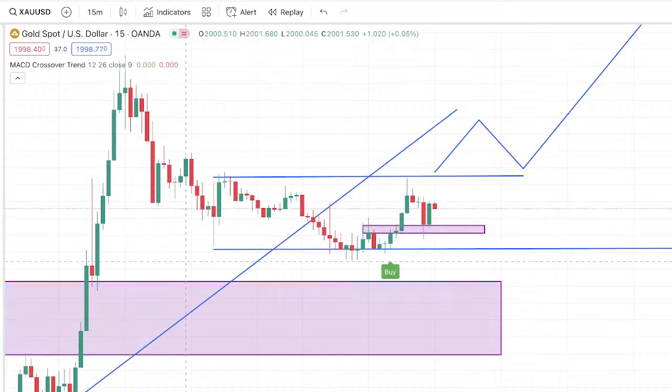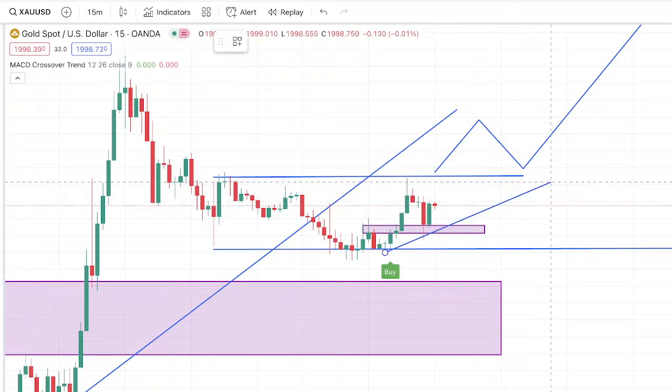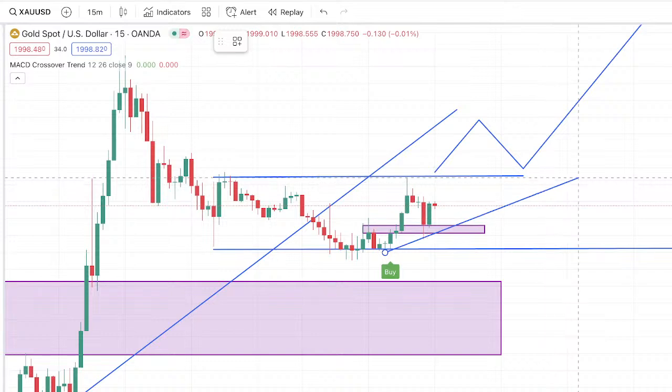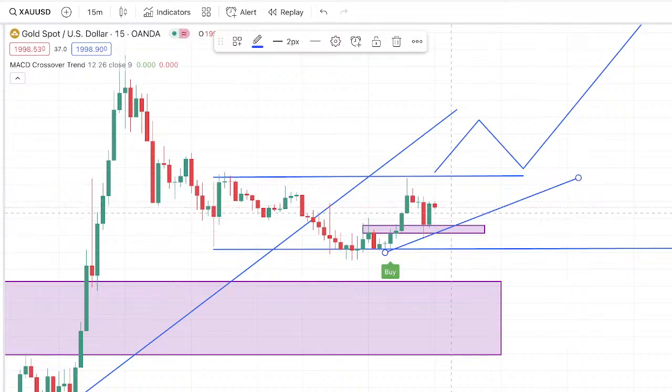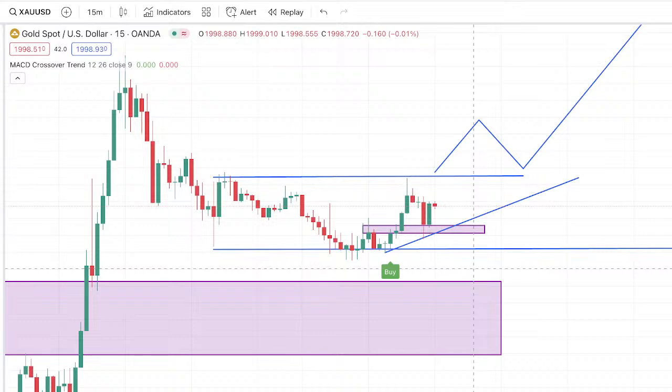And the price is making this trend line here. That one might be, even though it's short, a retest area to continue with the upside of the market.